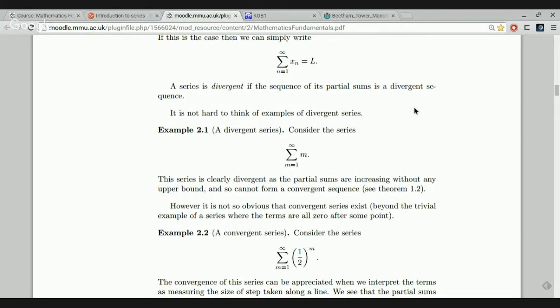A half plus a quarter plus an 1/8, which is what? 7/8. Anybody see the pattern? Of course, you all see the pattern. S4 is going to be 15/16.